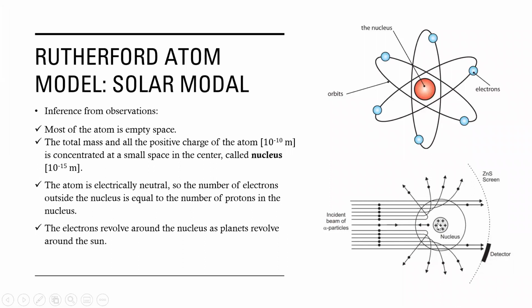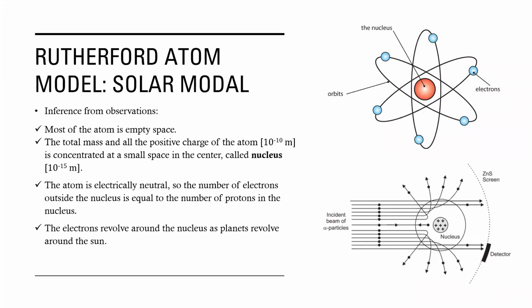So there should be some positive charge, because the atom as a whole is neutral and it contains electrons which are negatively charged. Unlike what Thomson said, that this positive charge is throughout the atom, Rutherford said that this positive charge and also most of the mass of the atom is concentrated in a very small region.